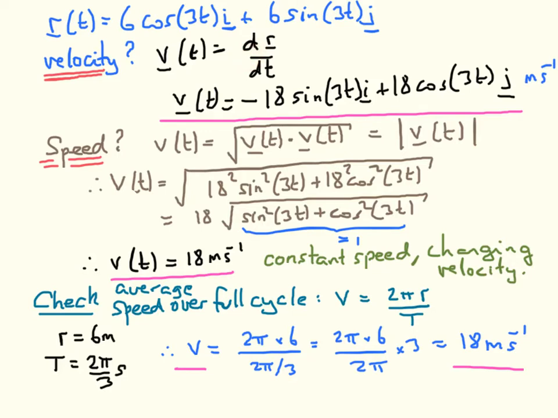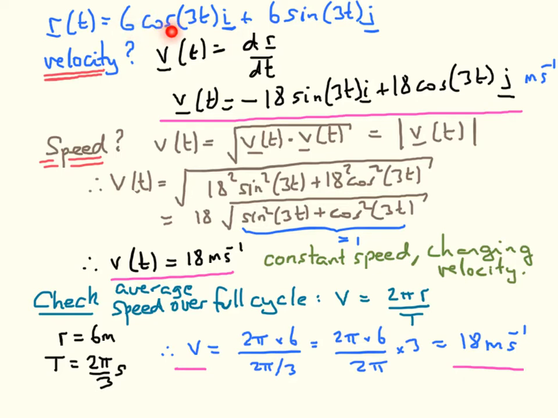If you are differentiating a vector like this, where t is here and here in the coefficients, then i and j are constants, and all we do is differentiate the coefficients. So to differentiate 6 cos of 3t, the 6 is a constant, it just multiplies everything here. We can take the derivative through it.